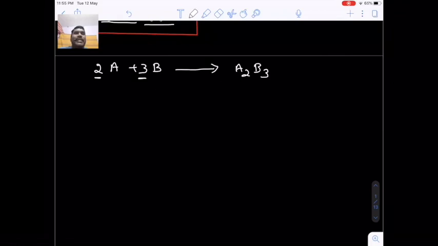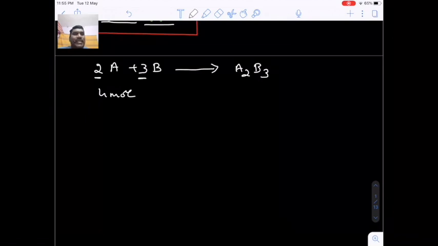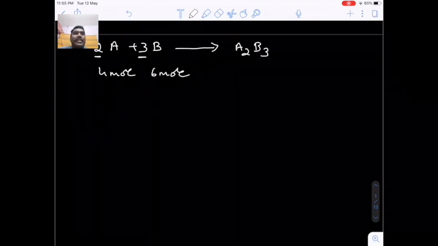Now let's suppose I am taking 4 moles of A and 6 moles of B. Here you see 2 moles of A will react with 3 moles of B. So the stoichiometric ratio is 2:3, and the mole ratio is also 2:3, that is, 4:6 means 2:3.